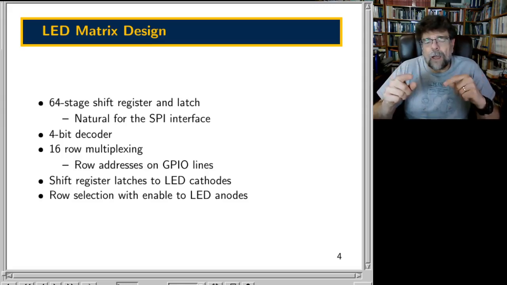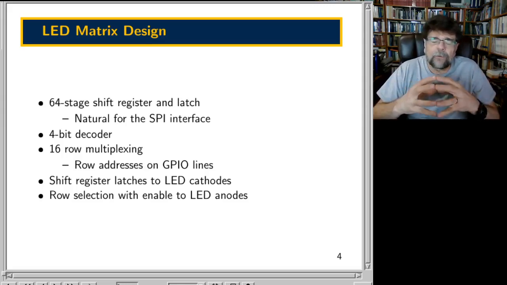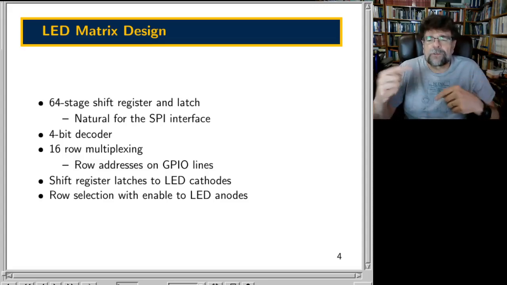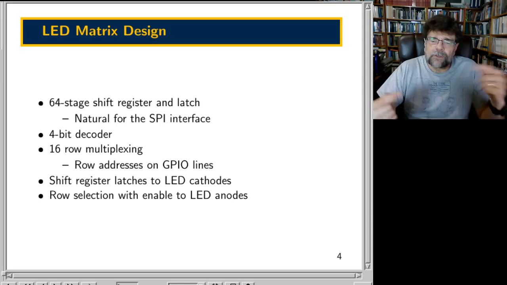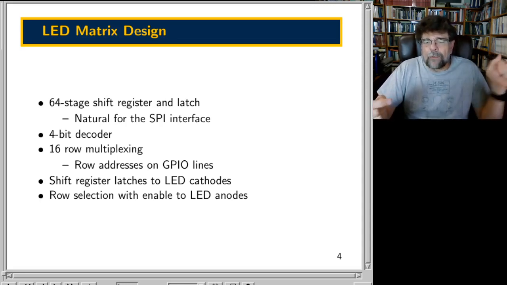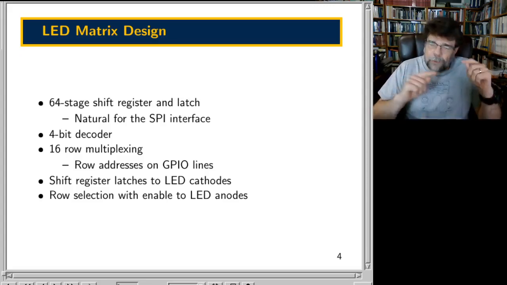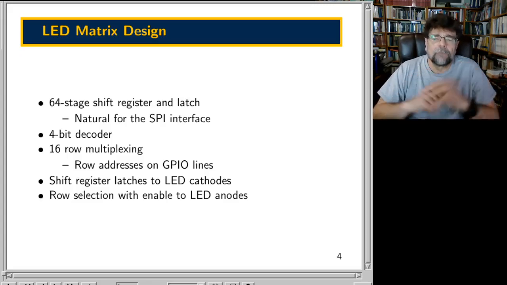There's an enable line also that's gating that row selection, which then connects to the other side of each LED. So in effect then, by selecting a row and setting a bit in a column, you are turning on or off a given LED.